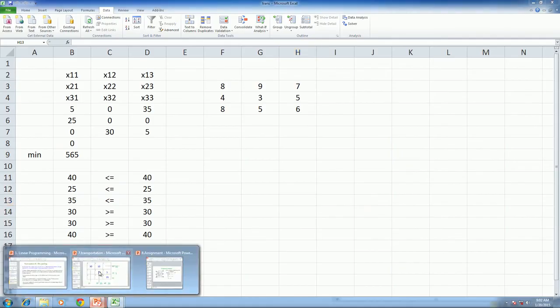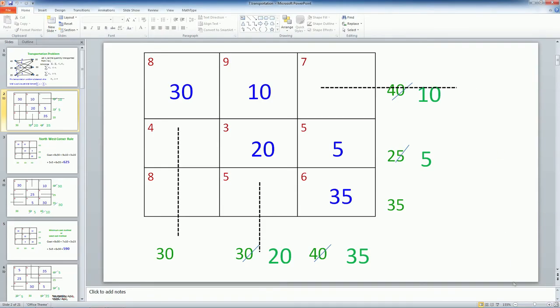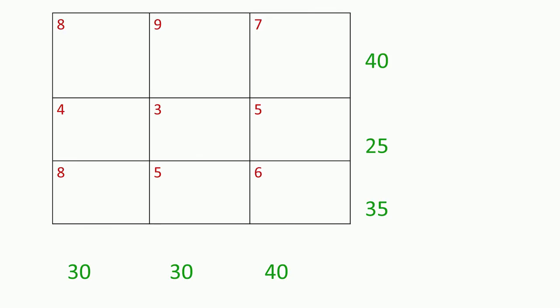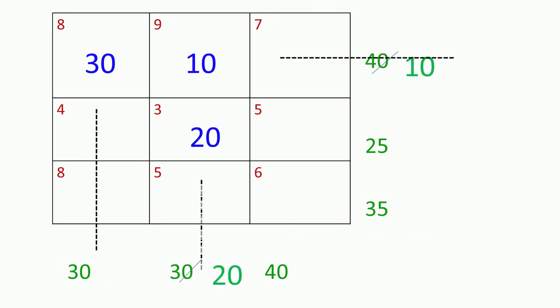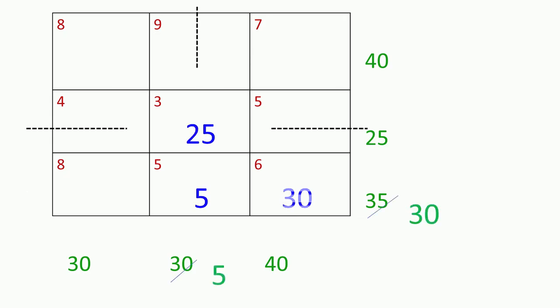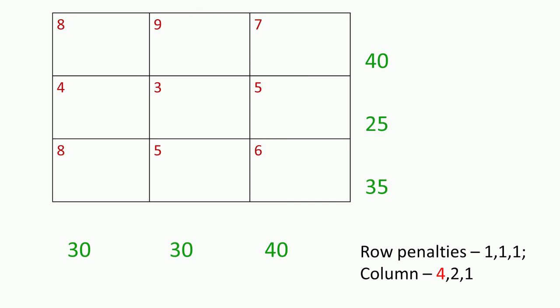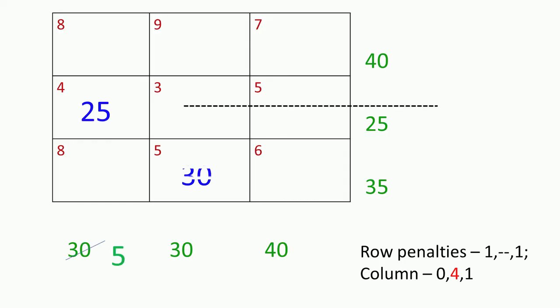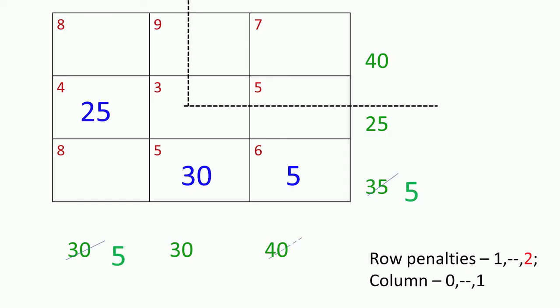Now, if we go back to the transportation problem that we solved, we realize that the optimum solution for this came to 565, which we have here, showing the solution with all the 3 methods which we did by hand.